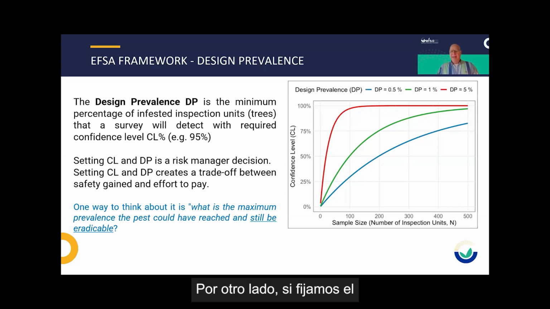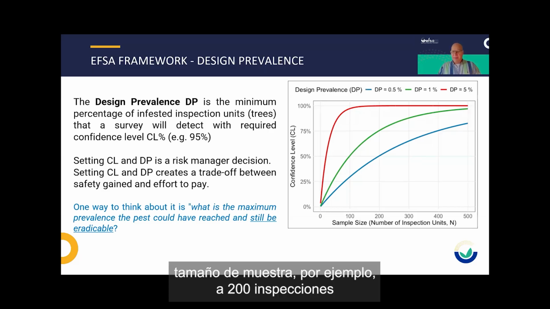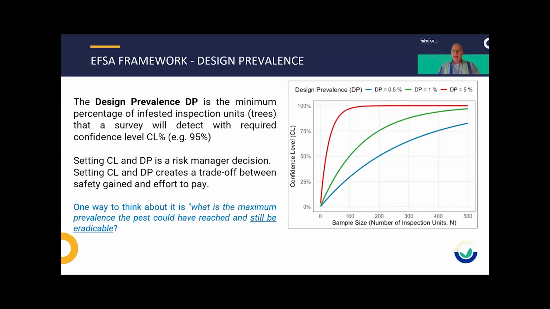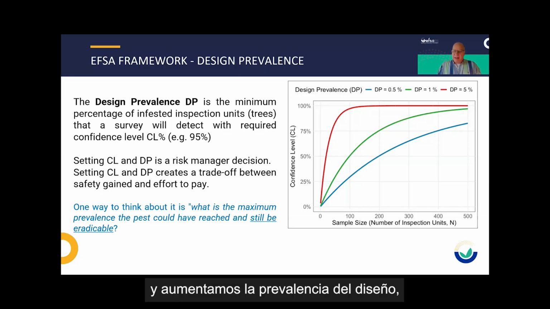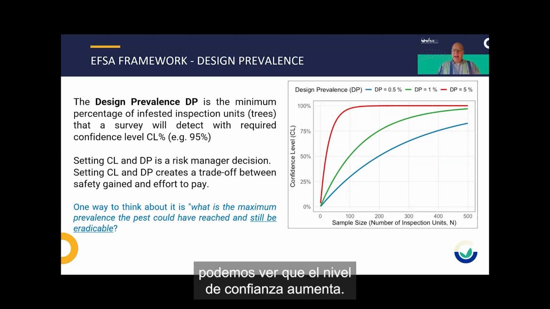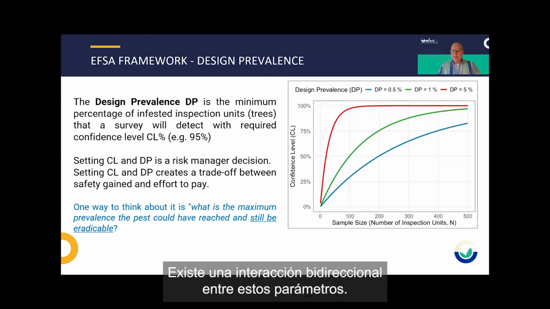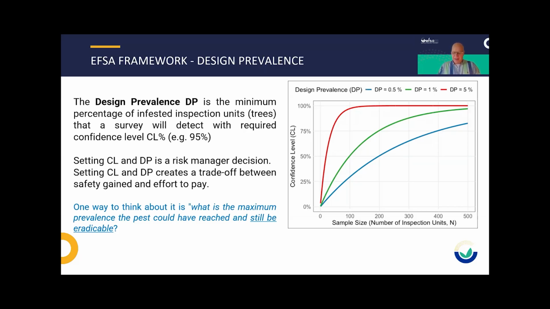On the other hand, if we fix our sample size or the number of inspections, let's say 200, then with the rising design prevalence, we see how the confidence level is increasing. So there we have this two-sided interaction.